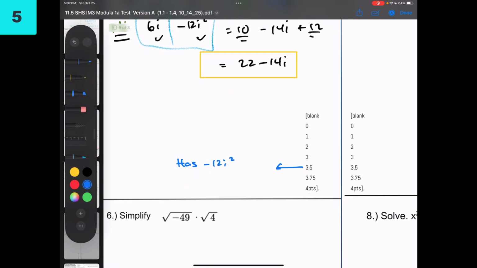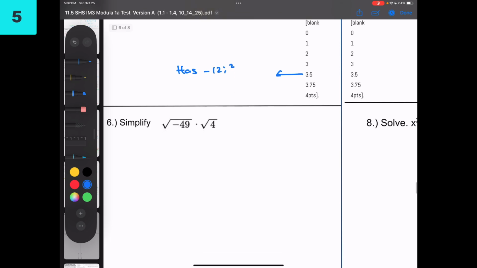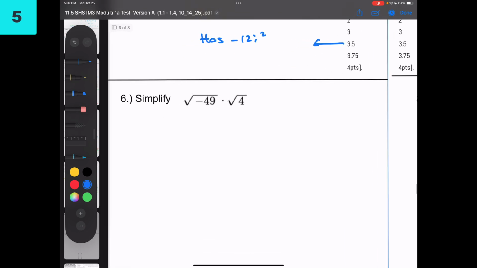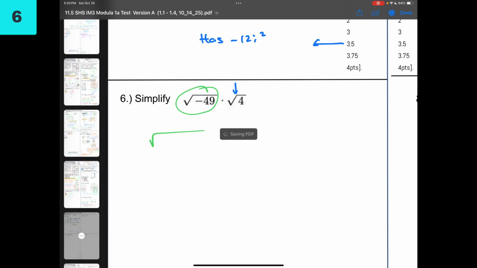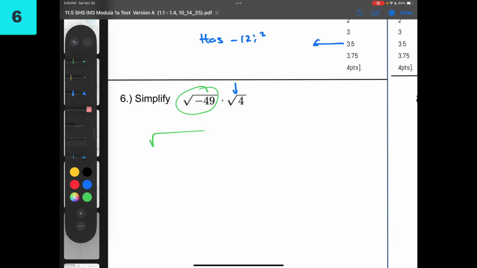Okay, number 6. In the practice test, there were 2 negatives, but this one I took out the negative. So let's see if you were paying attention. This one is -1 times 7 times 7.